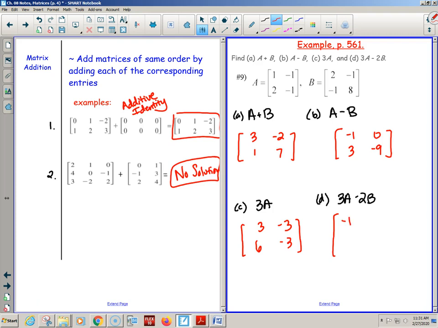Negative 3 plus 2 is negative 1. 6 plus 2 is 8. Negative 3 minus 16 is negative 19? Oof, I did that way too fast. Double check. I'm going to do 2B just to make sure.